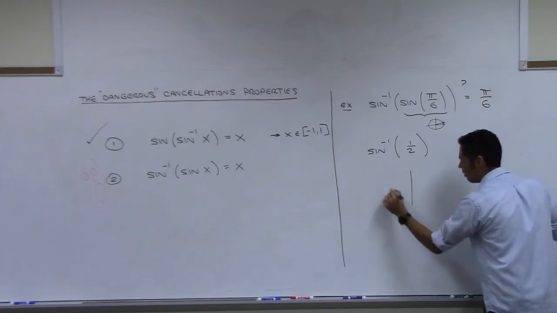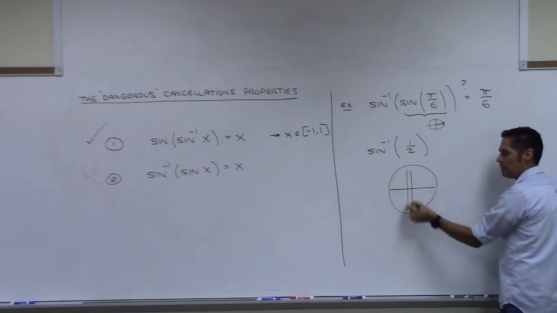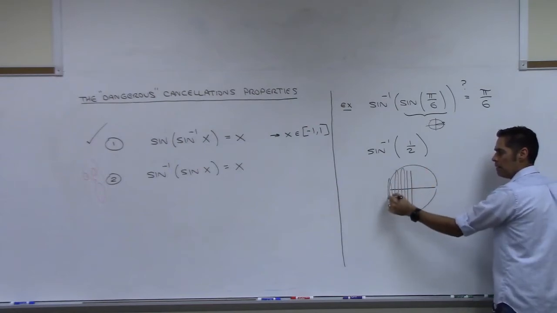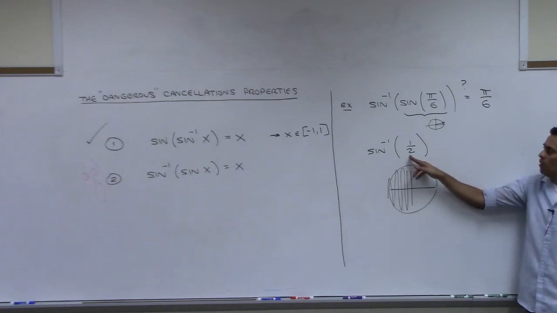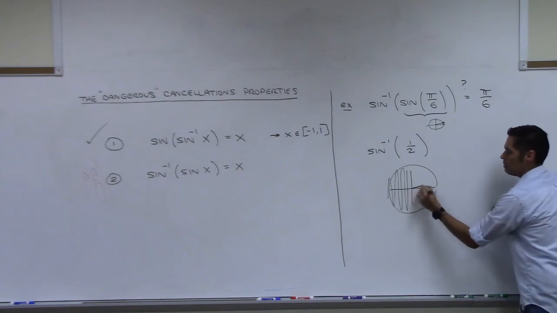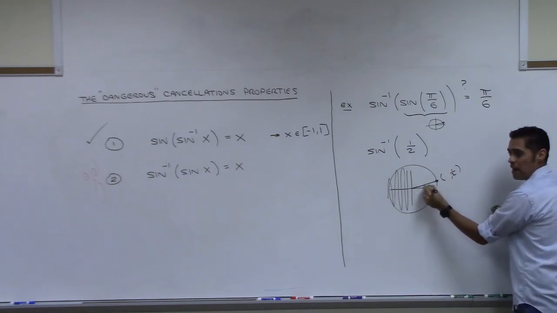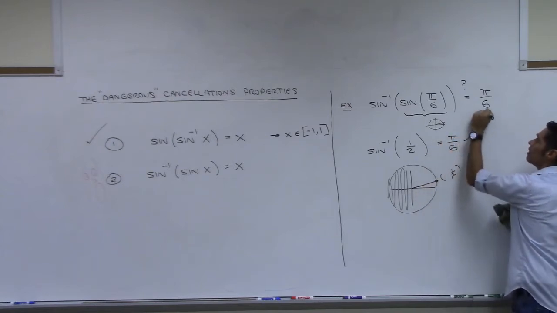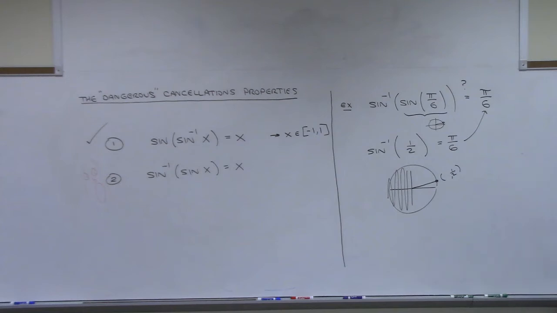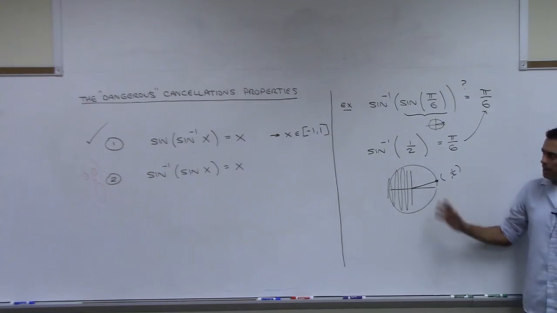So now I go here. Because it's arcsine, I cut off this part, and I'm asking myself, at what angle is the y-coordinate 1/2? The angle is pi over 6. And so we get the answer. And everything looks great, doesn't it? I mean, that worked. Are there any questions?